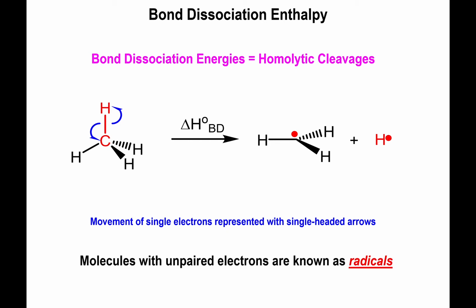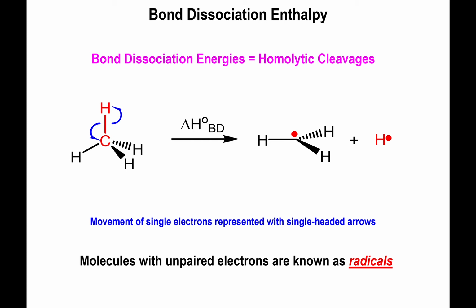Anytime that you have an element or a molecule that contains a singly unpaired electron, you are dealing with radicals. And much like the common use of the word, being a radical sometimes is not necessarily a good thing.